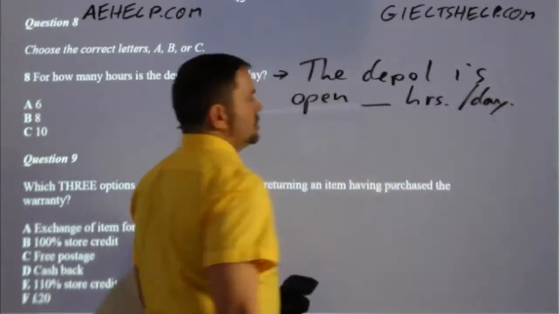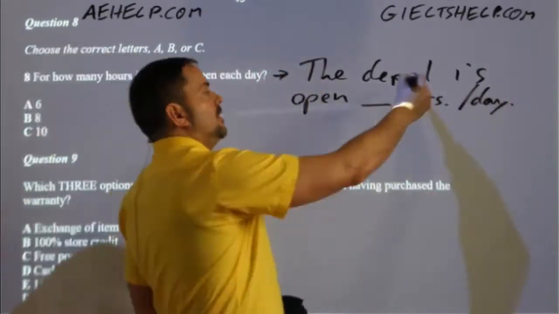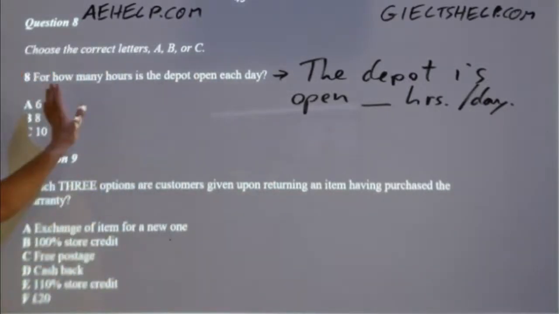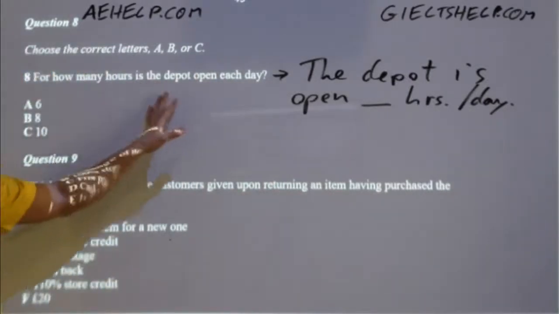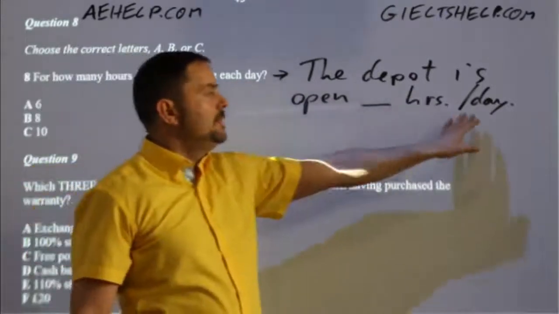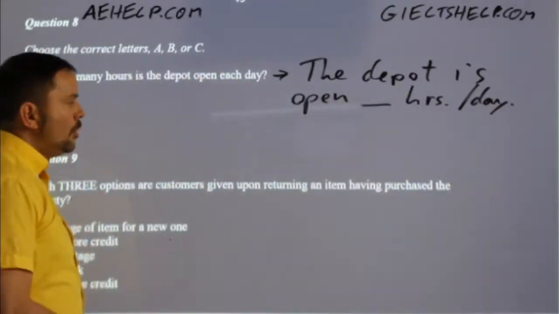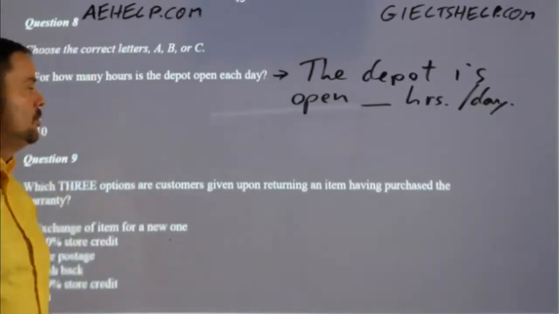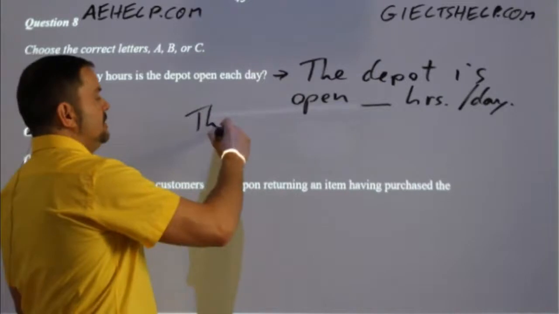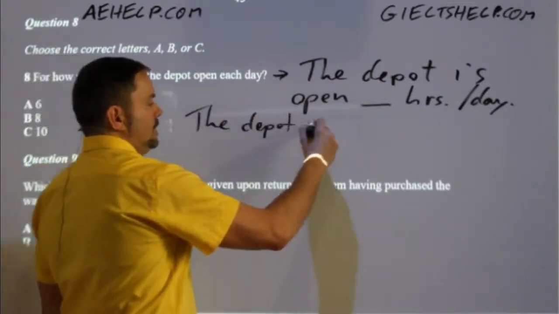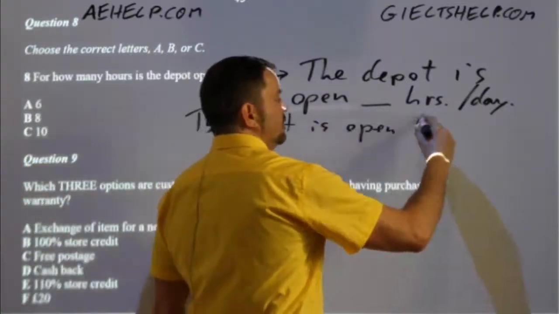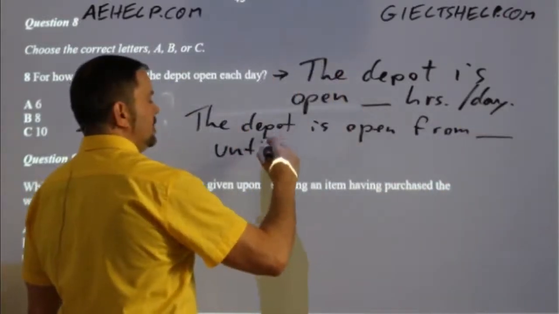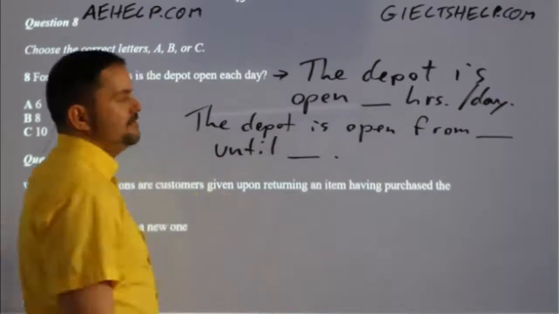Okay, so you will likely hear these types of answers not as a question like how many hours, but as a statement. The depot is open something hours a day. Or sometimes you have to do a little bit of thinking, and it will say something like the depot is open from until. So now you have to do a little bit of math.